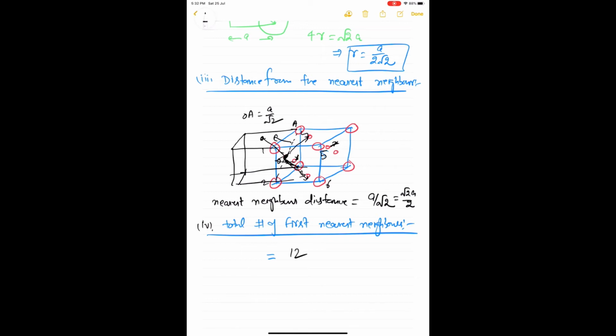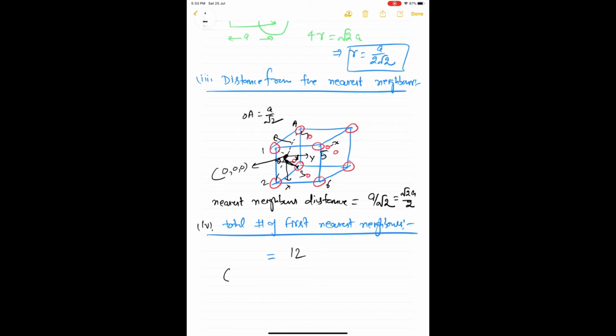Mathematically also, let's say I consider this to be my origin, and I wish to write out the coordinates of the nearest neighbors situated at a by root 2 distance. Suppose I choose this direction to be the positive x-axis, this direction to be the positive y-axis, and the z direction perpendicular to both x and y following the right hand rule.